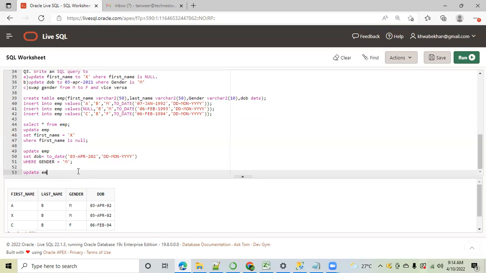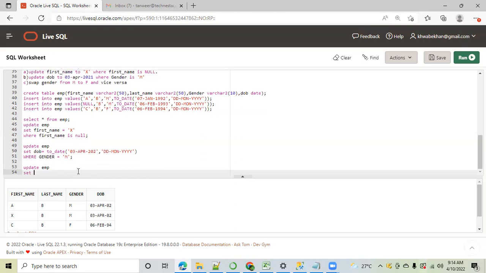So update employee, set gender is equal to case. I will use case now. Case when gender is equal to M, then F, else.